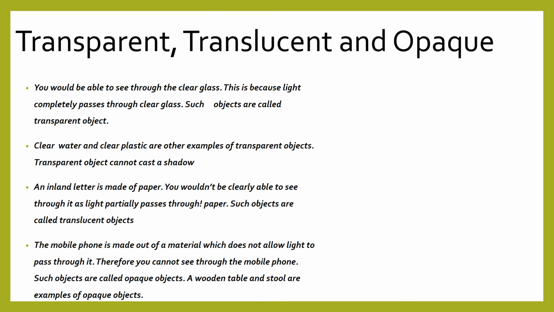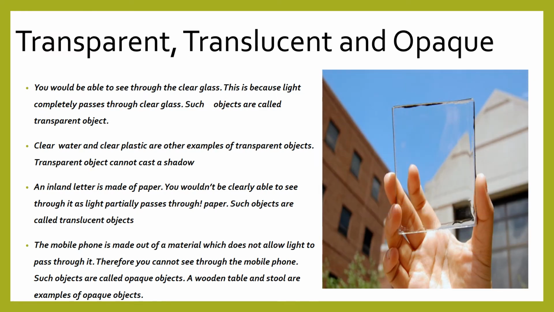Now, transparent, translucent and opaque objects. These are the objects through which all light can pass, some light can pass, and no light can pass. Okay, now let's see what is a transparent object. You would be able to see through a clear glass. This is because light completely passes through the clear glass. That means the light passes very nicely. Such objects are called what objects?